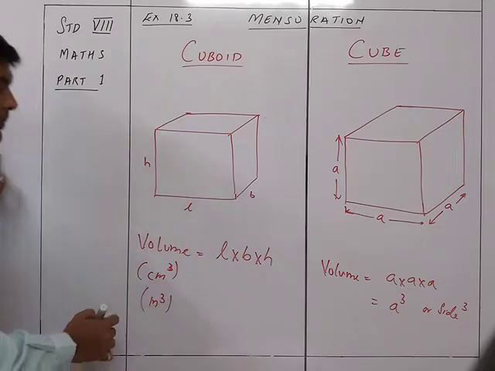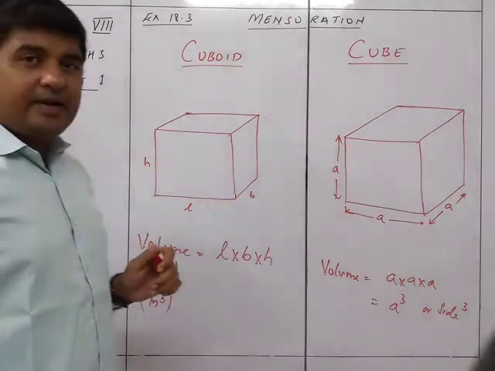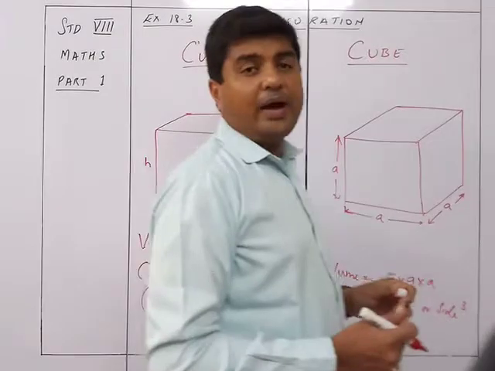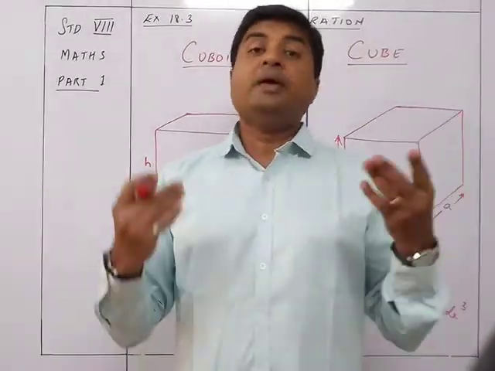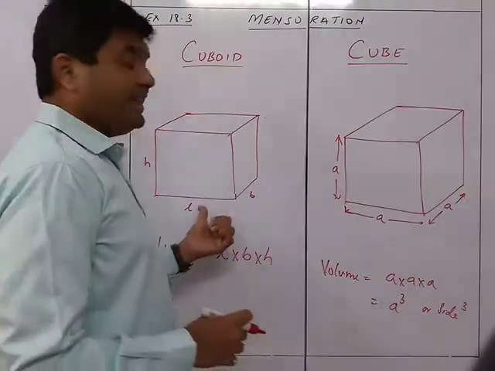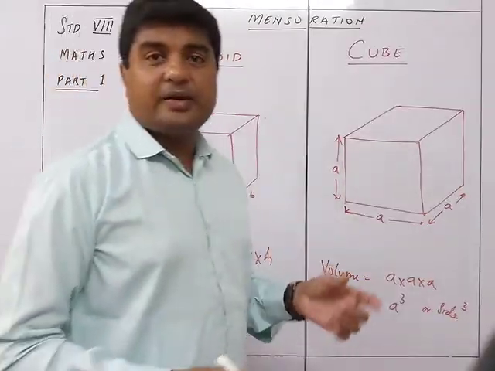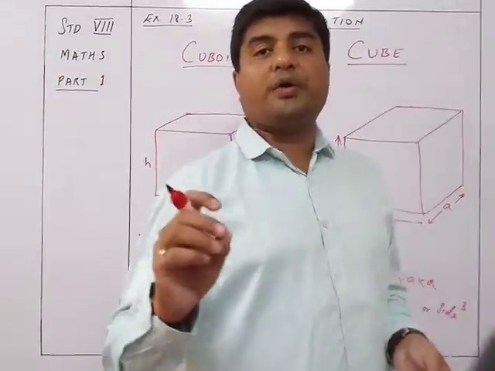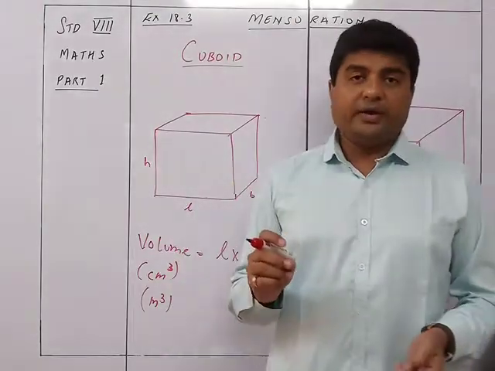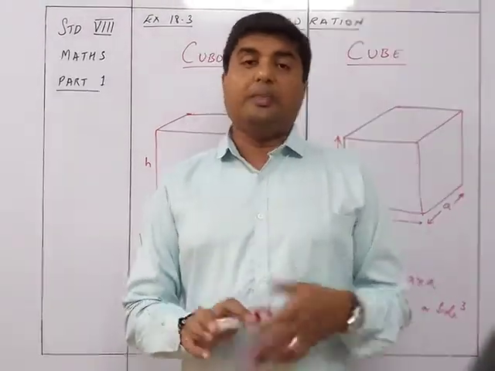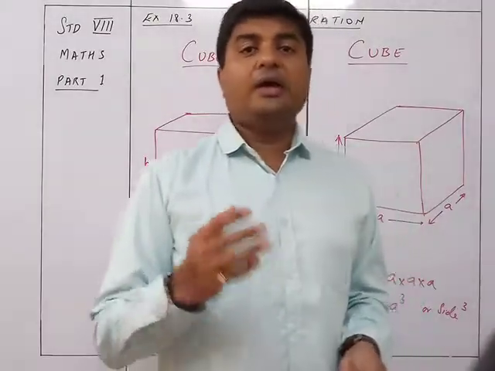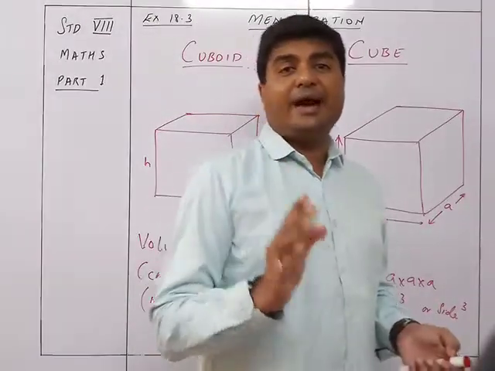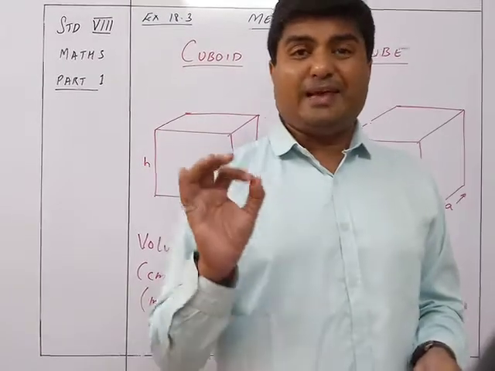So depending upon whether the sides given to you are in centimeter or meter, the cuboid volume will be in centimeter cube or meter cube. In case some part is given in meters and other in centimeters, you need to convert all of them into the same unit. Either convert the meter into centimeter or the centimeter into meter, so that your length, breadth and height are of the same units.